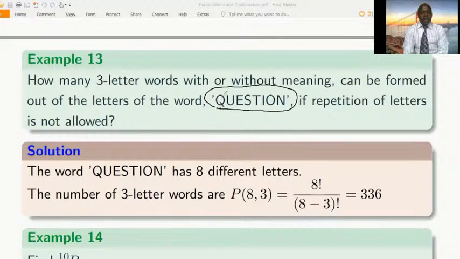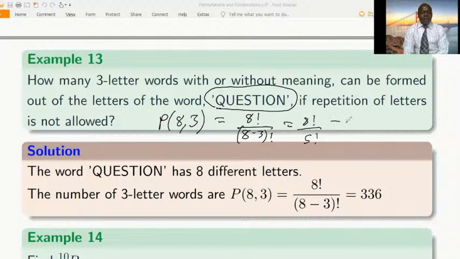And how many letters do we have? 1, 2, 3, 4, 5, 6, 7, 8. We have 8 letters, and we want to arrange 3 at a time. So this will just be 8 factorial divided by 8 minus 3 factorial, which is just 8 factorial over 5 factorial, and this is 336.